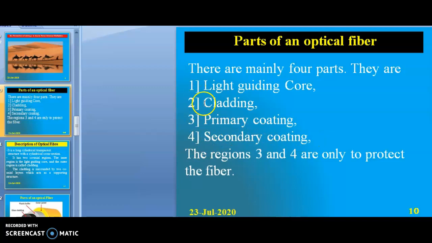Among these 4 parts, the primary coating and secondary coating are only to protect the optical fiber structure. So, the main components of optical fiber are, first, light guiding core, and second one is cladding.